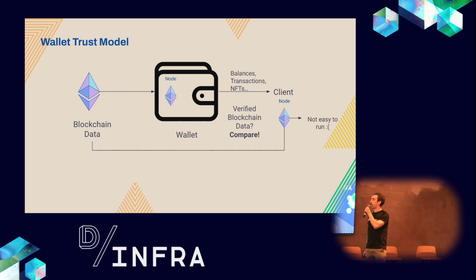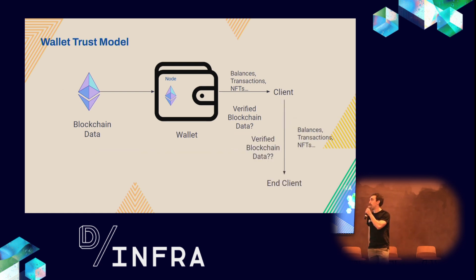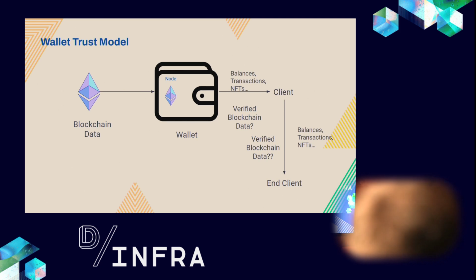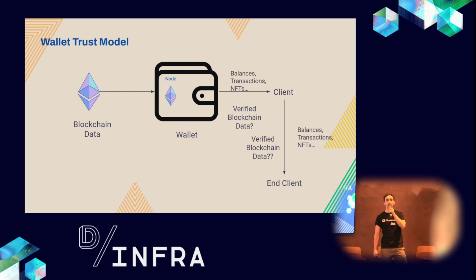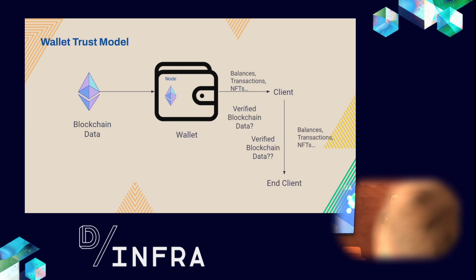So it's not straightforward. Also, there are more complicated scenarios where the client has its own end clients, which also ask themselves, is the data I'm seeing verified? And this end client, if we're talking about wide crypto adoption, can be any kind of user. It can be your grandma day trading on her phone. She isn't going to run a node to verify the data she's seeing.